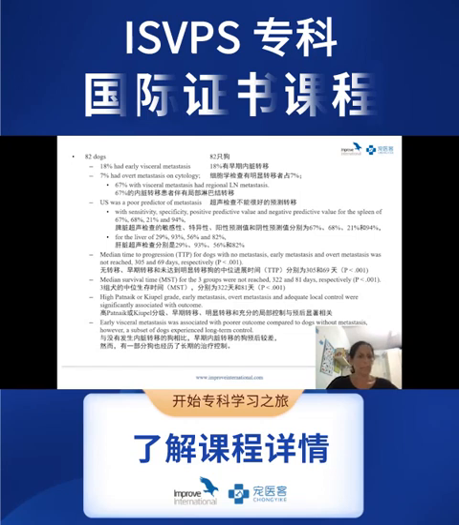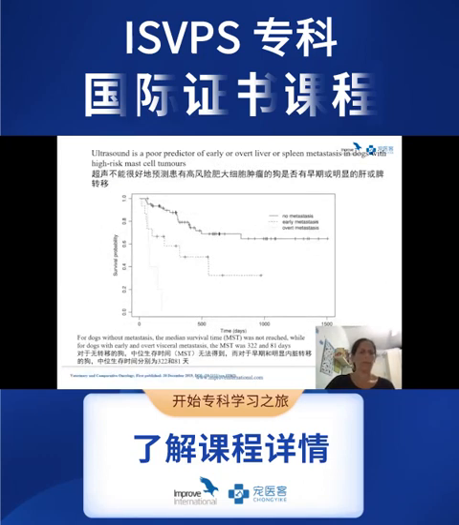Basically what they said is that high grade, Patnaik or Kiupel grade, early metastasis, overt metastasis, and inadequate local control were significantly associated with outcome, and early visceral metastasis was associated with a poor outcome in dogs. Here we can see the results, that ultrasound is a poor predictor of early or overt liver metastasis.